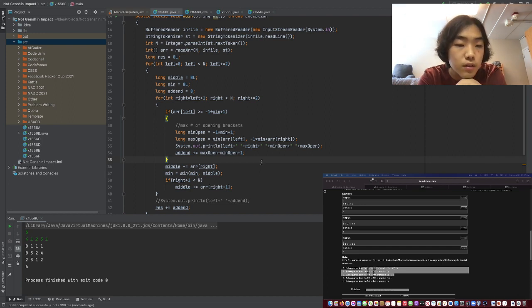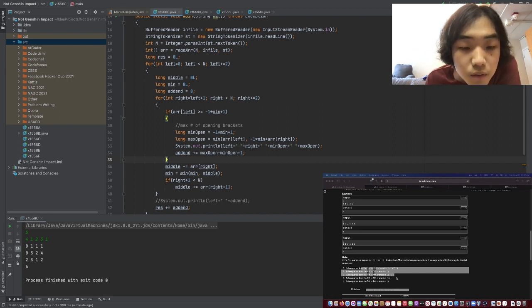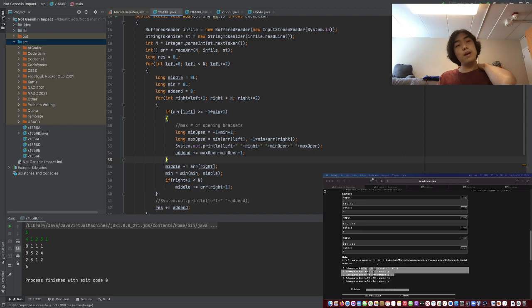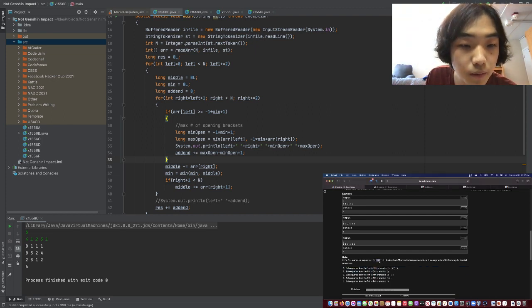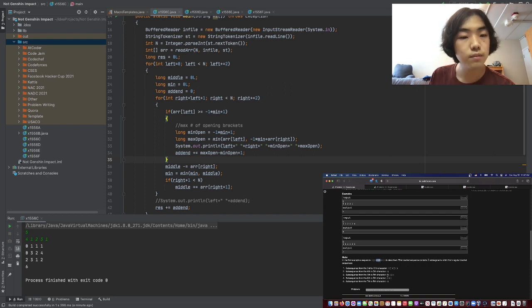Wait a minute. 3rd to the 4th, so I take 2, I take... Okay, so it's like from the 3rd to the 10th character, from here to here. Yes, it's like I have something that closes off like this, right here. Yeah, right there.